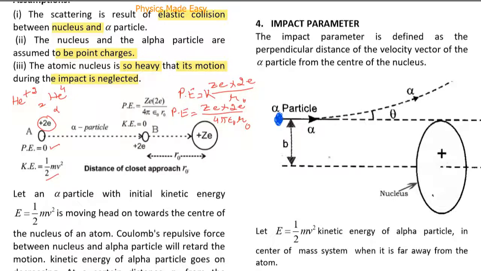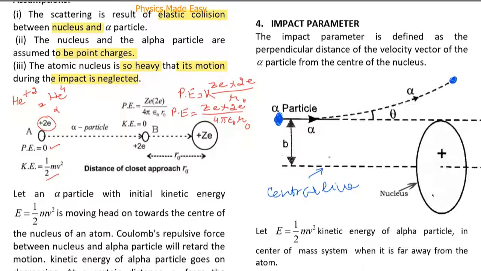This is the velocity vector of the alpha particle. This line is the central line of the nucleus. Now what is important is that this distance from here is b, and when it approaches, the alpha particle gets scattered at an angle theta.